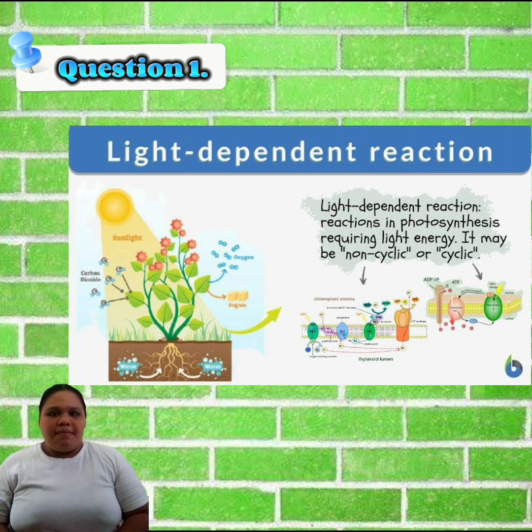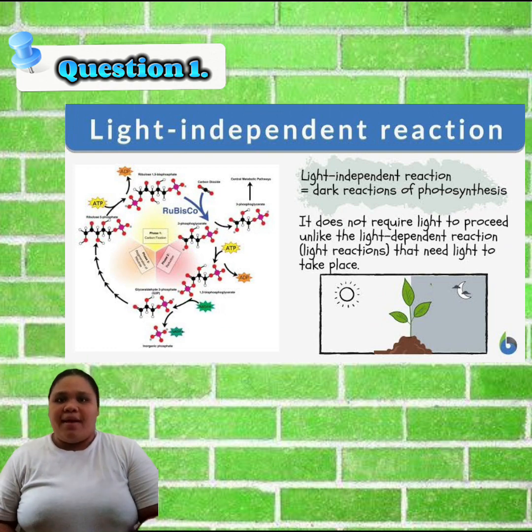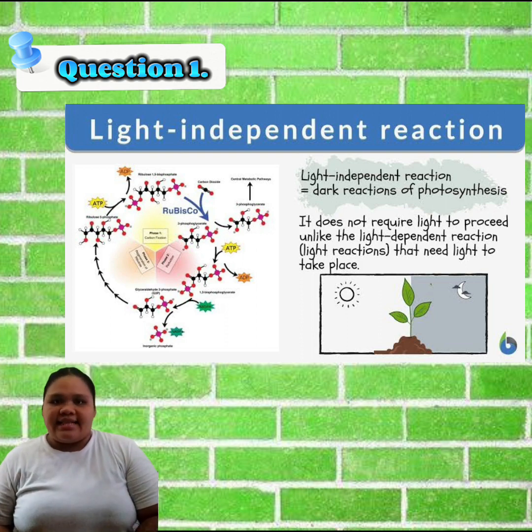The thylakoid membranes in the granum, a stack of thylakoids which is a part of the chloroplast, are where the light-dependent process takes place. In the light-independent reactions, or Calvin cycle, energized electrons from the light-dependent reaction provide the energy to form carbohydrates from carbon dioxide molecules.